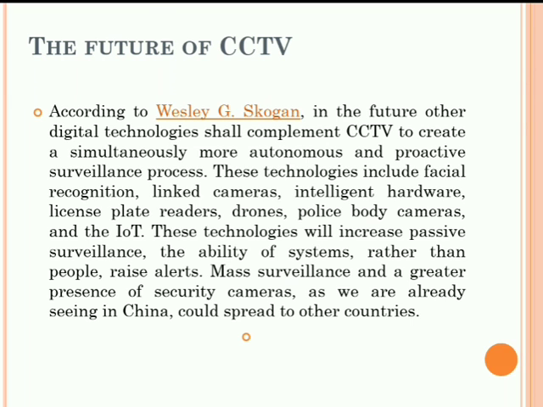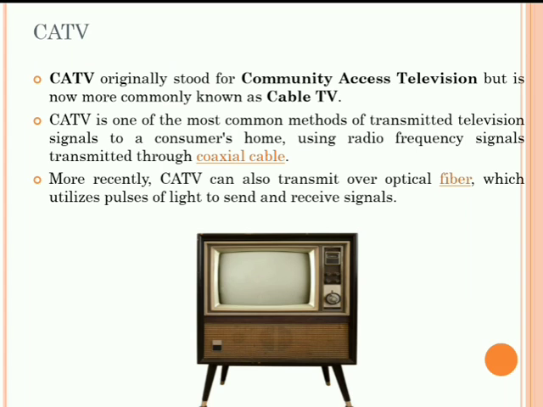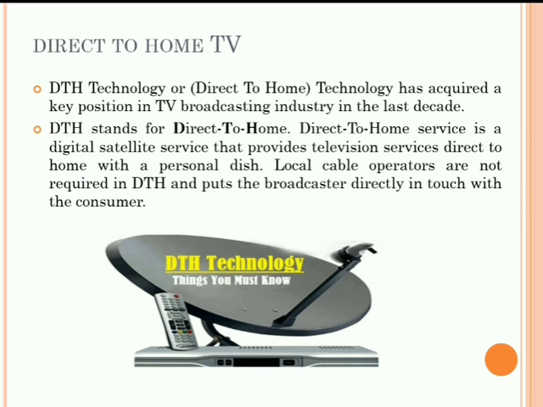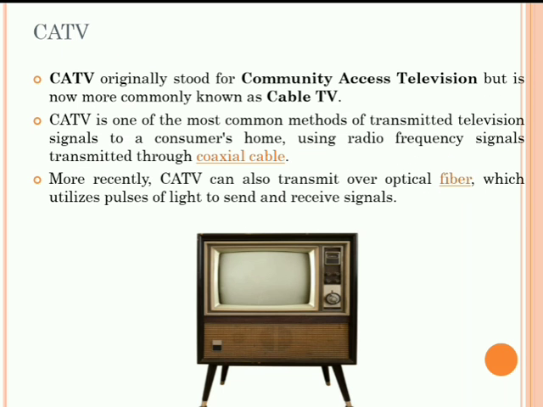Now let's move towards the next point, that is CATV. What is CATV? CATV originally stood for Community Access Television, but it is now more commonly known as cable TV. CATV, that is cable TV, or we can call it Community Access Television also.